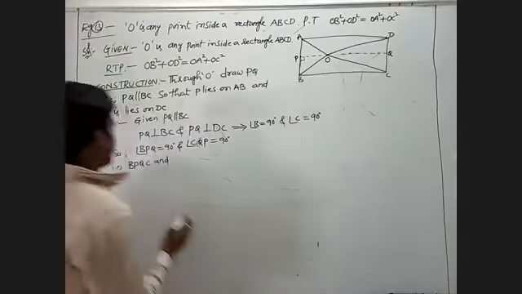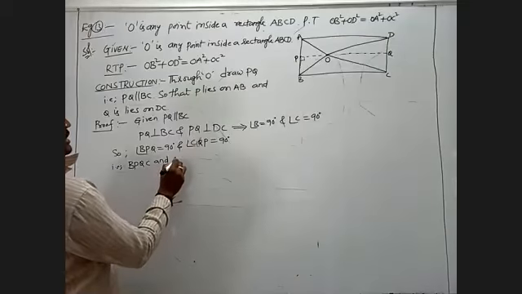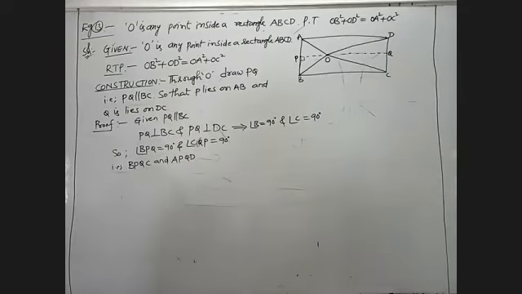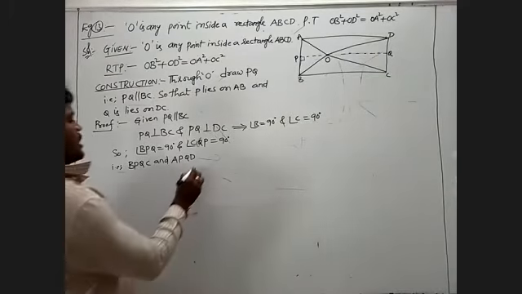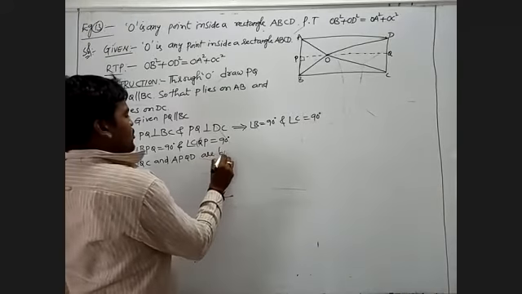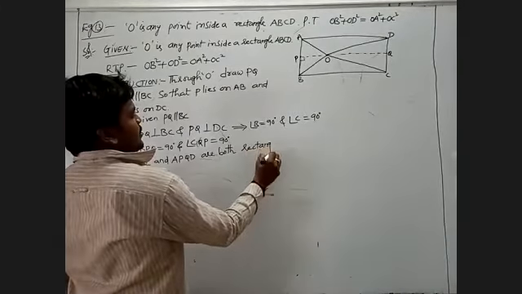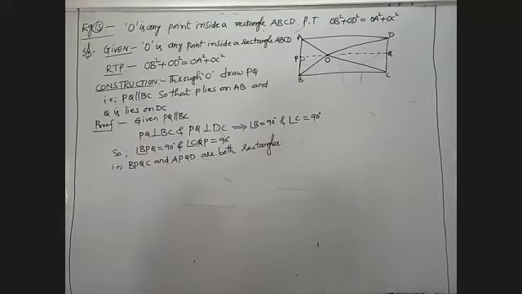This is also a rectangle. BPQC and APQD are both rectangles.